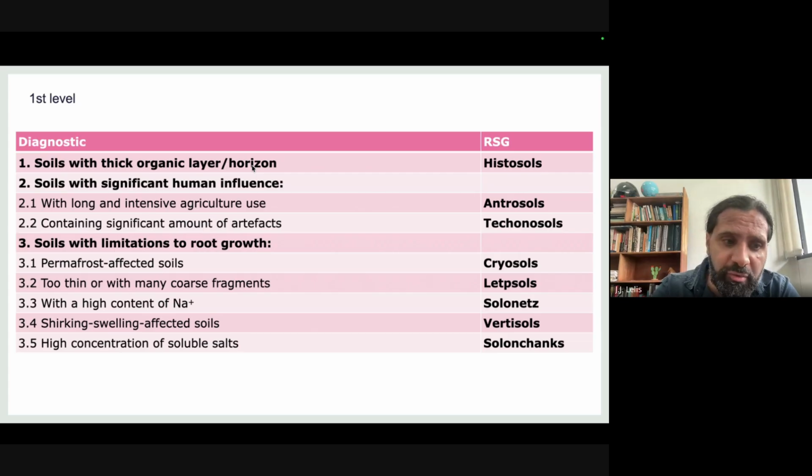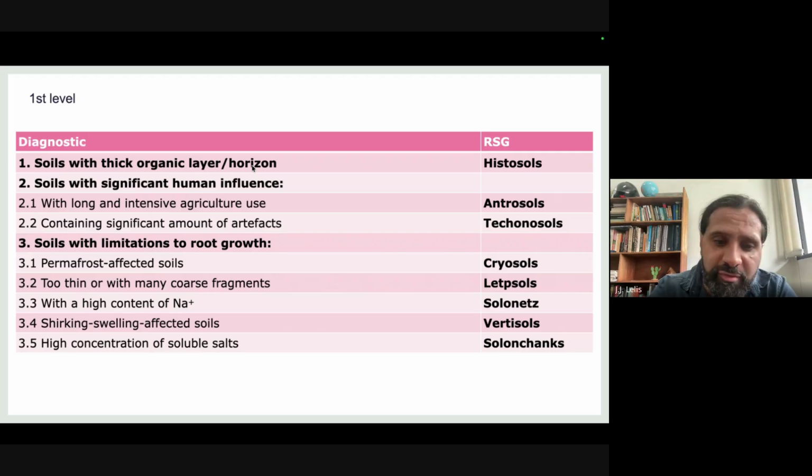We have soils with intense shrinking and swelling processes because of high activity clays, and we call them vertisols. So the roots cannot easily grow because as deep as you go, you register intense shrinking and swelling processes, and this prevents root growing.